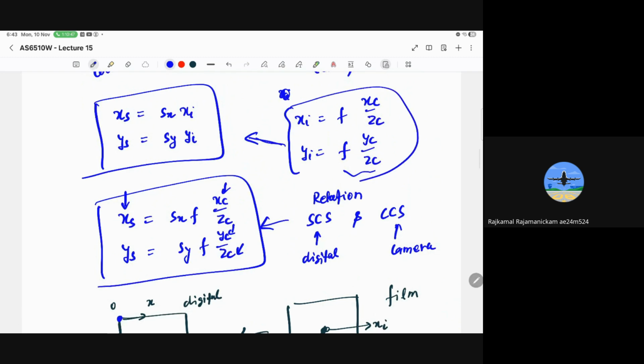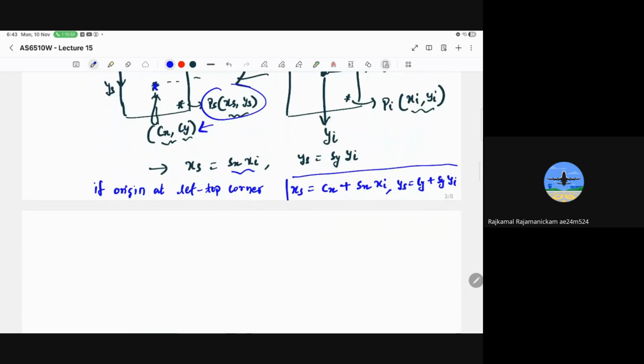And using the relation between xi, yi and xc, yc, zc of the camera coordinate system, let me write these equations first. xs is equal to cx plus sx xi, and ys is equal to cy plus sy yi, where yi is the y coordinate in the image coordinate system.